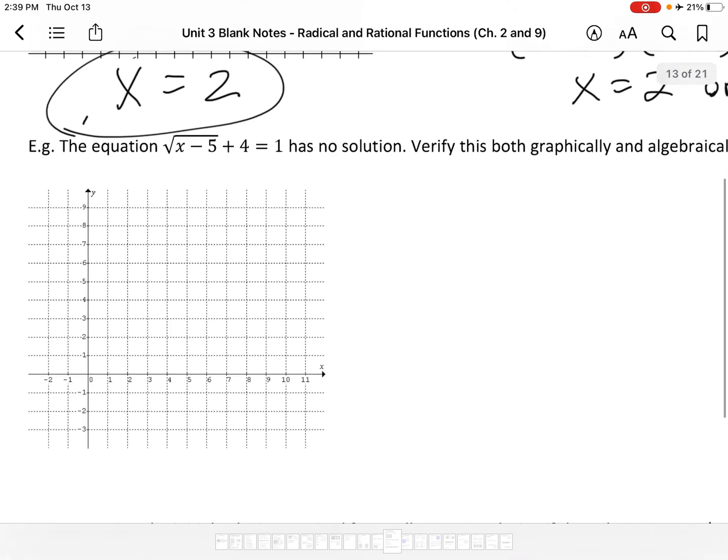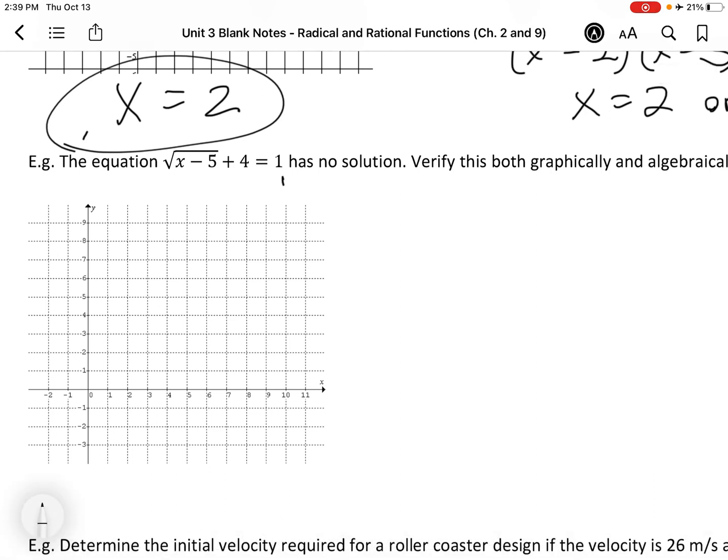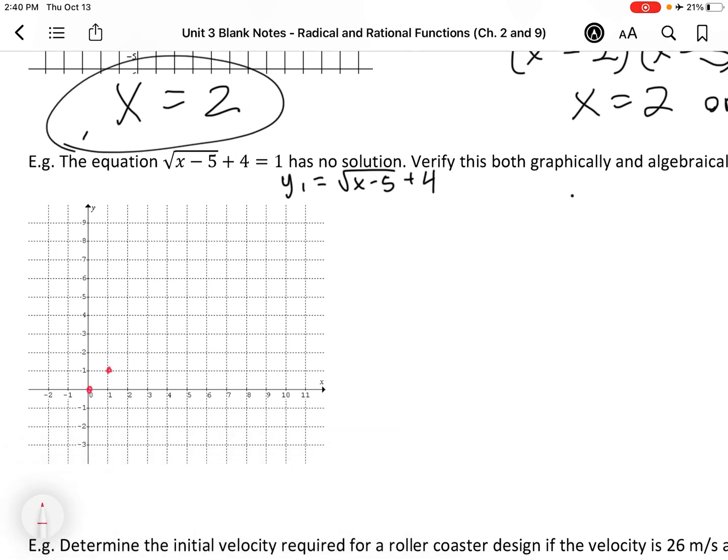The left side is the square root of x minus 5 plus 4. That's a transformation of the square root of x, and all that's happened is it's been translated 5 units right and 4 up. So these points, I'm just going to do a couple of them. 4, 2.